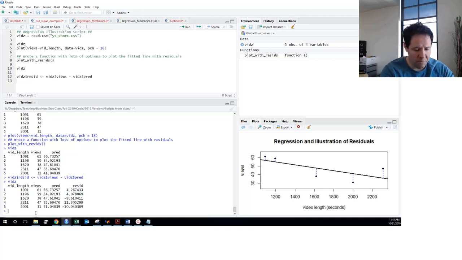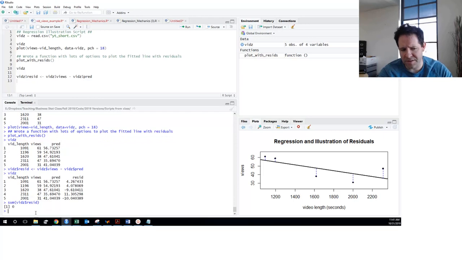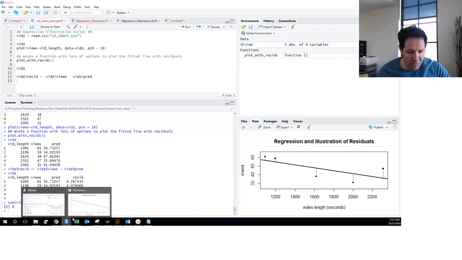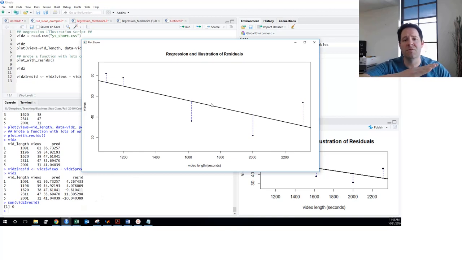Something to point out is if you add up the residuals, you get 0. This is mechanical. If the residuals didn't add up to 0, what could we do to the fitted line? Well, we could just shift it. If the residuals added up to a positive number, that means that we're over or under predicting the points on average.